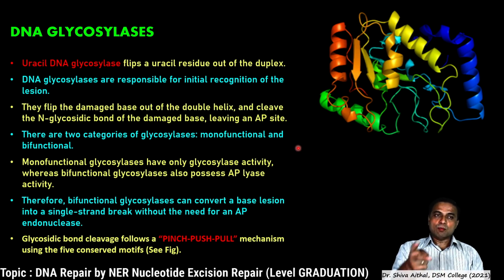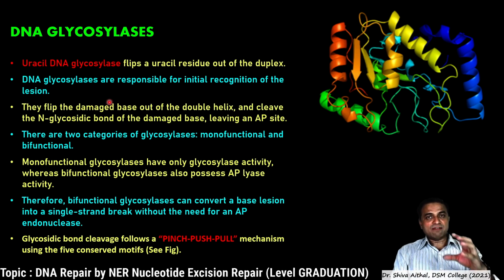But in a bifunctional type of uracil DNA glycosylase, listen carefully, it can recognize the wrong base, it can cut, it can remove, and it can also do the AP lyase activity. Of course, the filling has to be done by polymerase.